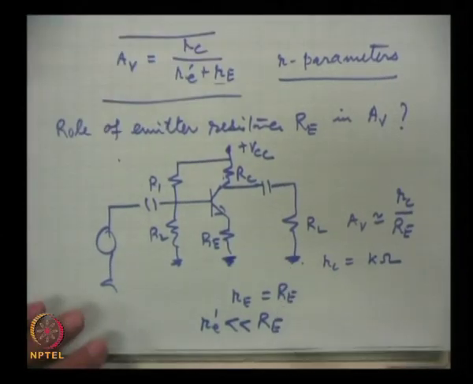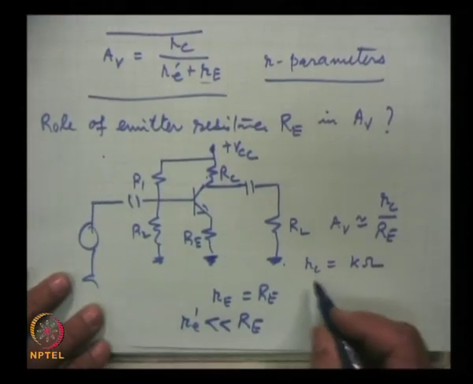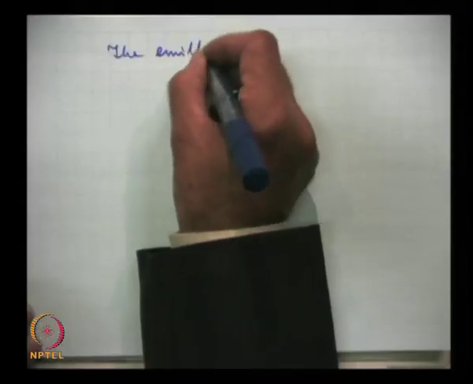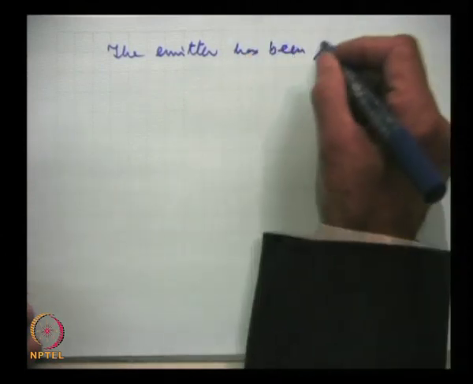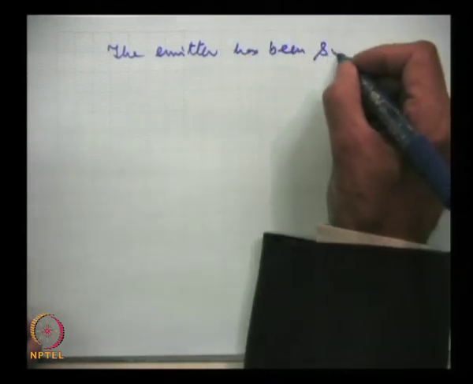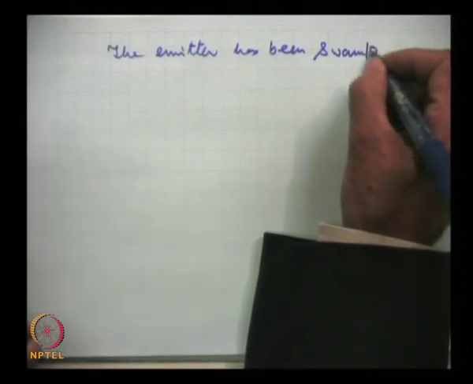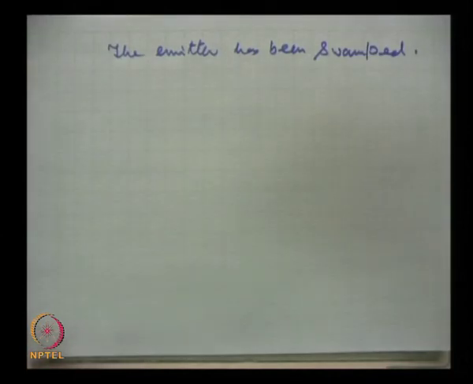This is known as swamping of the ammeter. The ammeter has been swamped, and this process is called swamping.